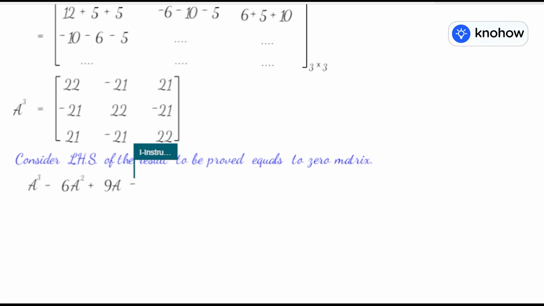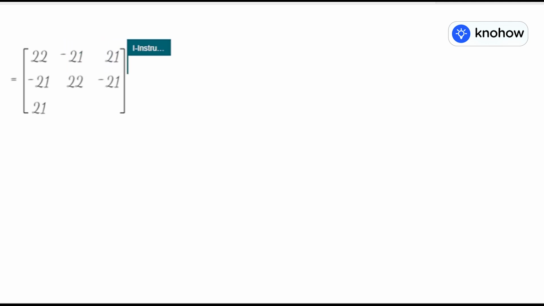So let us substitute the values of A cube, A square, A and I. The value of A cube you just worked out is 22 minus 21 21, minus 21 22 minus 21, 21 minus 21 22.